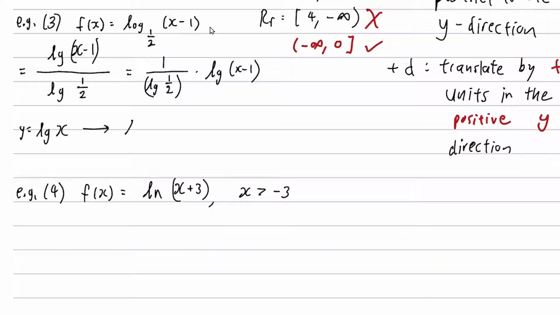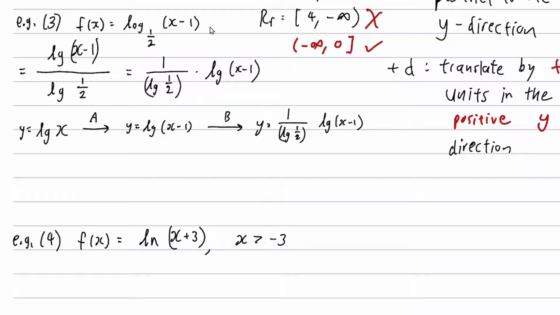Then after that, you transform into y equals LG of x minus 1. Then you transform again, you scale it by this factor of 1 over LG half, times LG of x minus 1. Let's just call it A, let's call it B. I need more space. Then A will be translate by 1 unit in which direction?